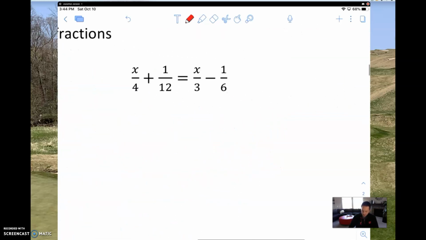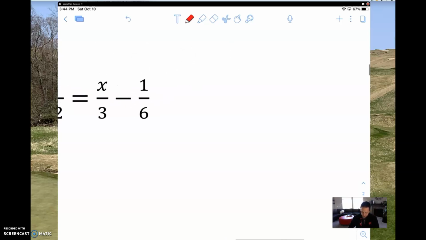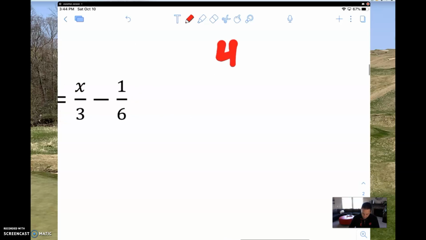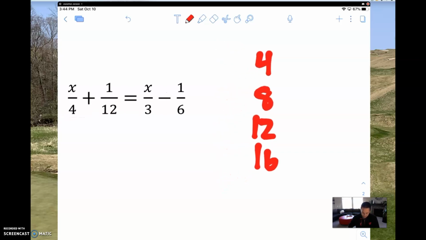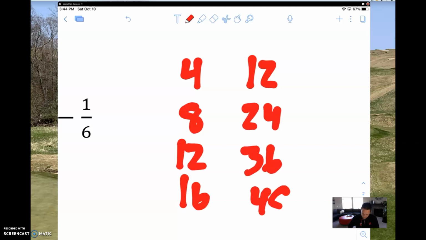And let's go on to our last one. Now we've got 4 different numbers. We've got a 4, a 12, a 3, and a 6. Let's list out all the multiples of 4: 4, 8, 12, 16, and so on. Then we're going to list the multiples of 12: 12, 24, 36, 48.